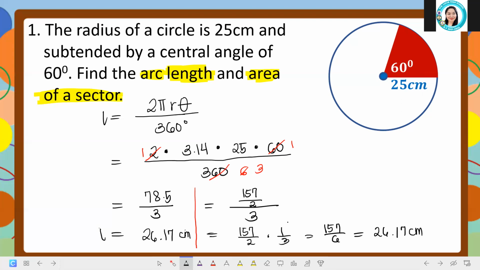Okay, we got both the answer, but we have different solutions. Pwedeng dinivide na natin siya sa 2, or pwede rin naman from a fraction, multiply natin siya sa reciprocal ng 3. That is how you get the arc length.